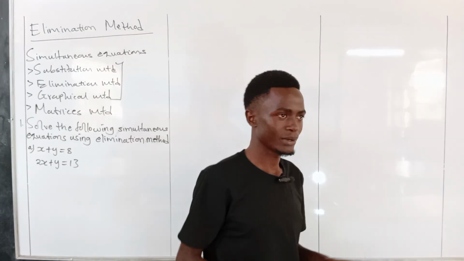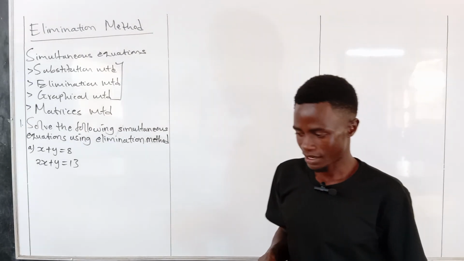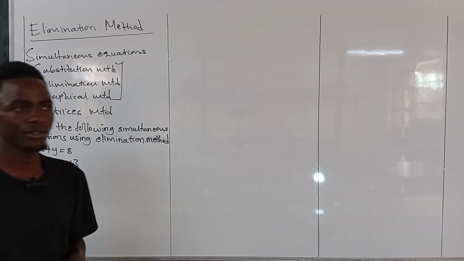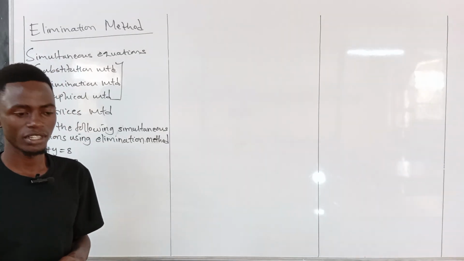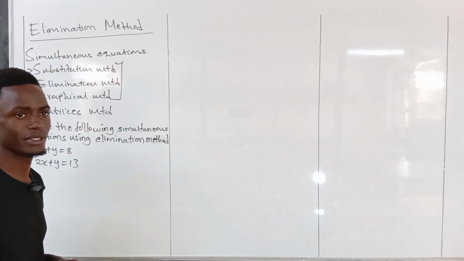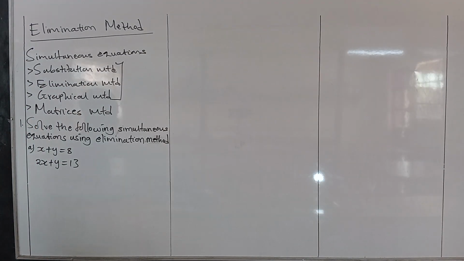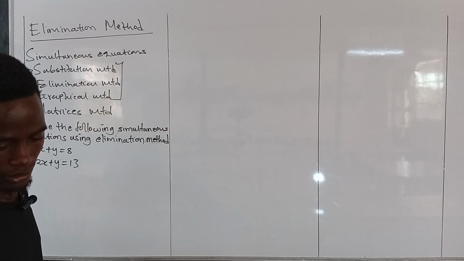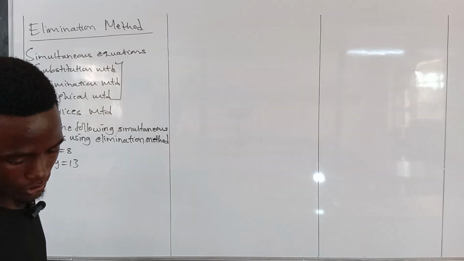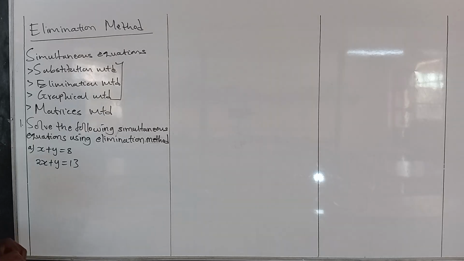We're going to learn quite a number of things, but just a recap on what has been going on in our previous classes. We looked at simultaneous equations, and we say that as of now there are 3 methods which we can use in solving them.